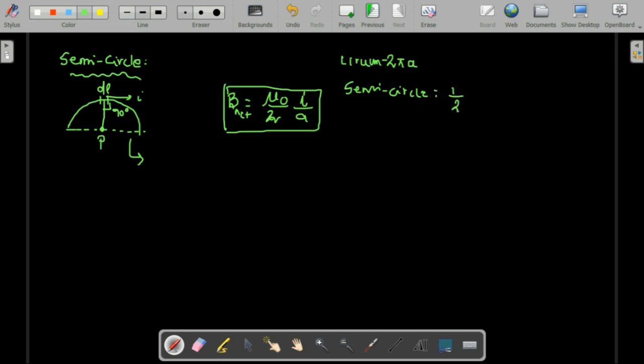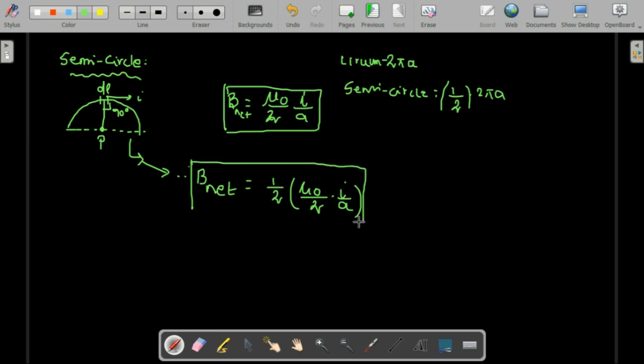Half of 2 pi A. So it will be the same calculation, only an additional half will come into the picture. Therefore, the magnetic field because of the semicircle is half of mu naught by 2 into I by A. By knowing these formulas, we can actually solve a lot of problems.